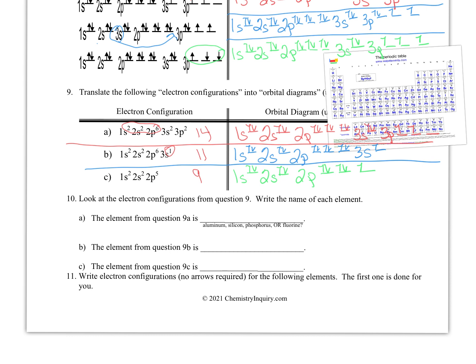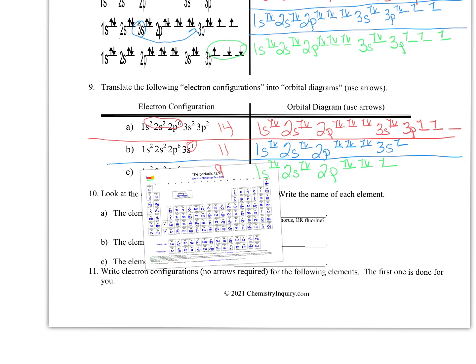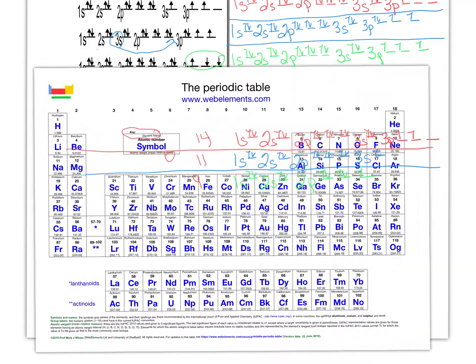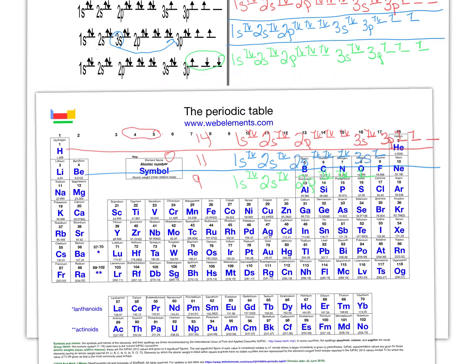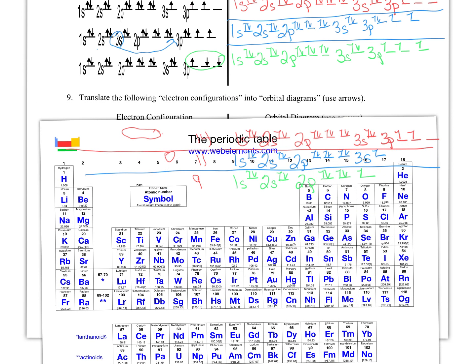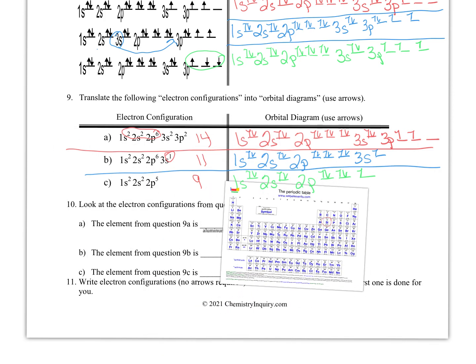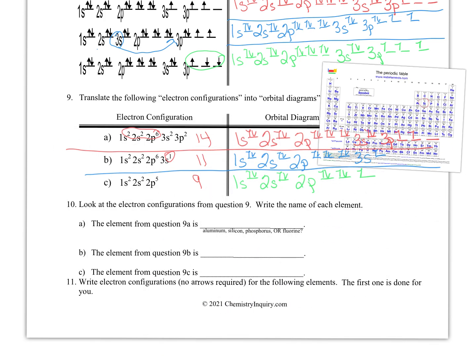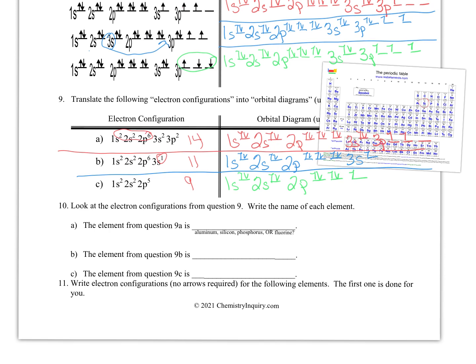Okay, the element from question 9a is, and the only way to know that is to get your periodic table. We're looking for the one with 14 electrons, so that would be silicon. So silicon. All right, so from 9b, you're looking at the one with 11.